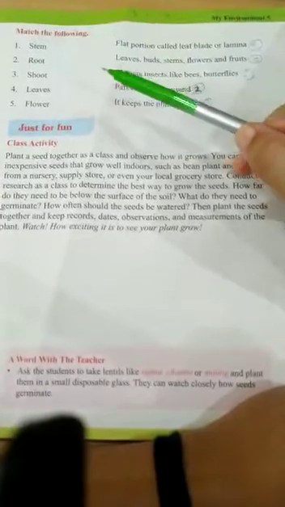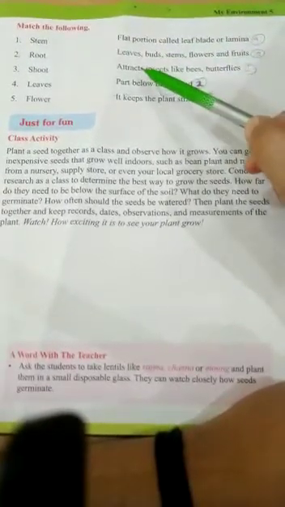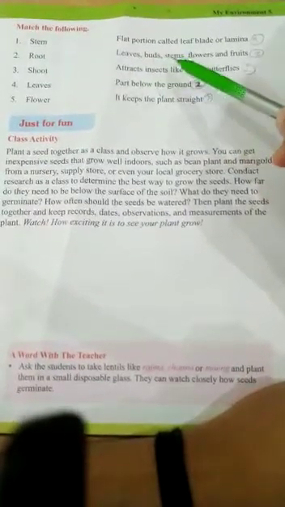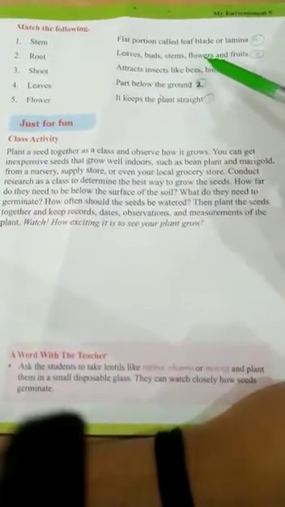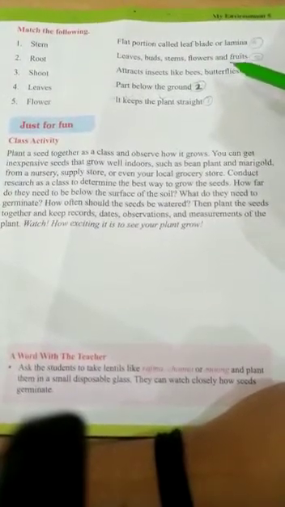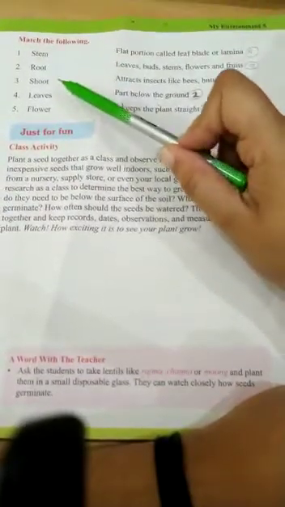And if it grows in the upward direction, you can see that shoot contains leaves, buds, stems, flowers, and in some plants fruits also. So this option is right for the word shoot.